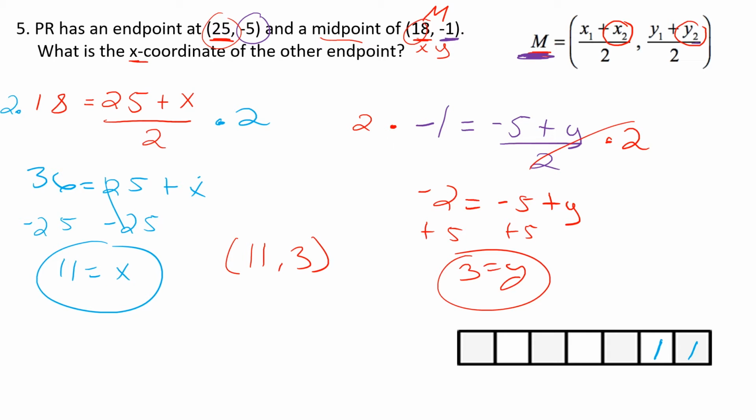If I add -5 and 3, I get -2. -2 divided by 2 is -1. That gives me my midpoint. So I did a little extra work because again, we're reviewing here. So this is how you find the other endpoint if you're given a midpoint and an endpoint.